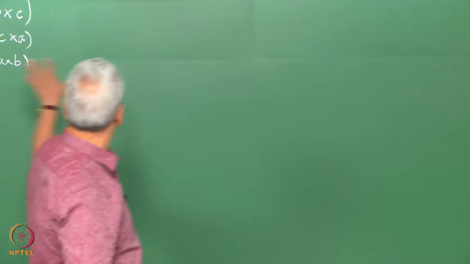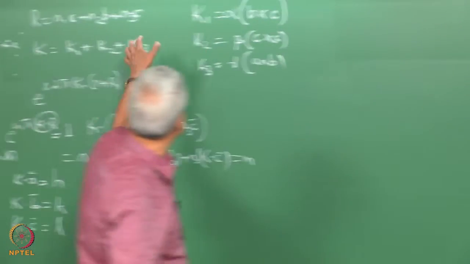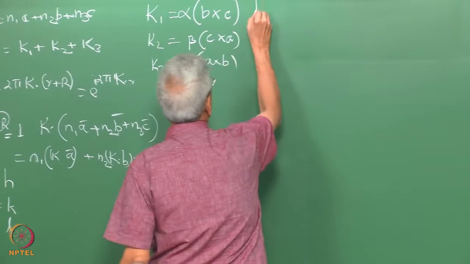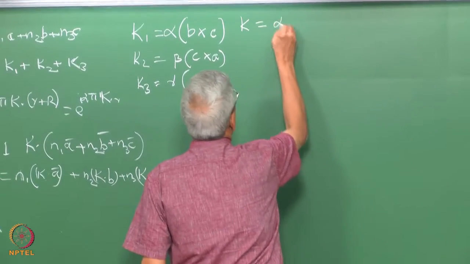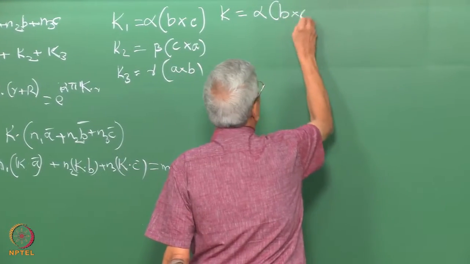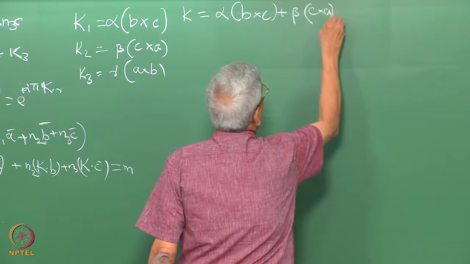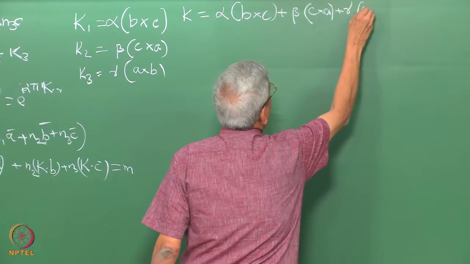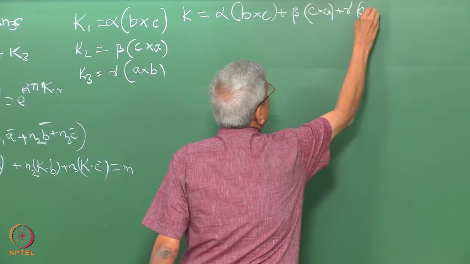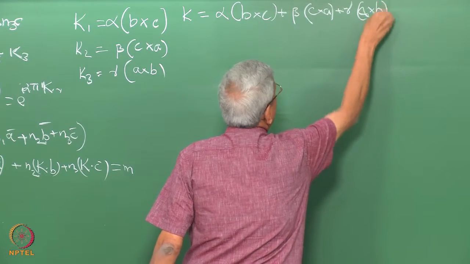So now this vector k will be alpha into B cross C plus beta into C cross A plus gamma into A cross B.